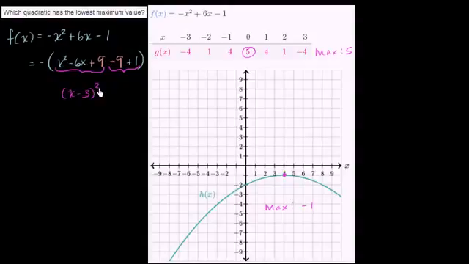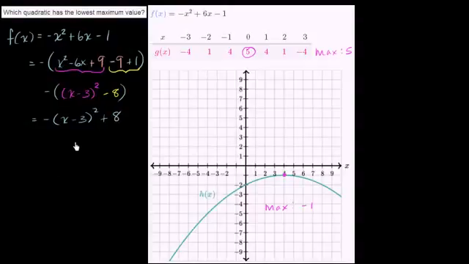Let me do that in a different color so we can keep track of things. So this part right over here is -8, and we still have the negative out front. If we distribute the negative sign, we can rewrite this as negative x minus 3 squared plus 8.